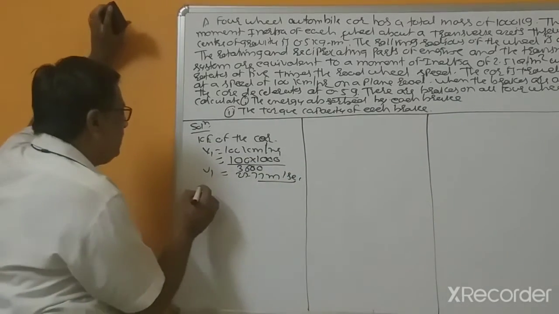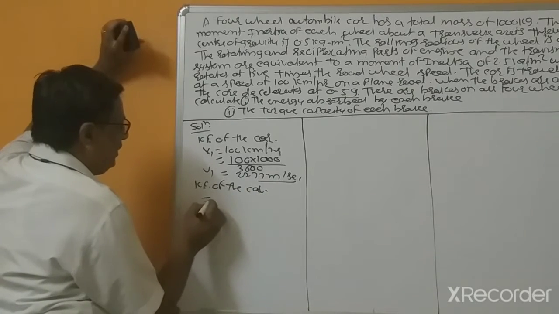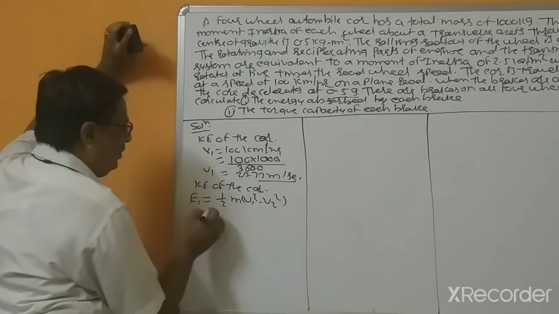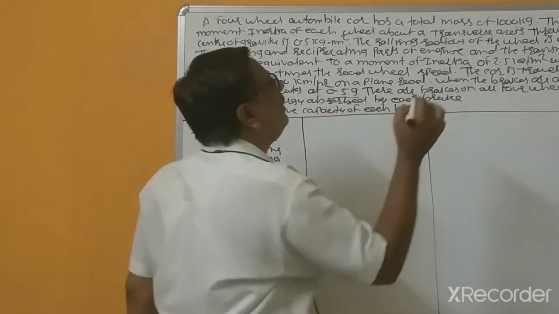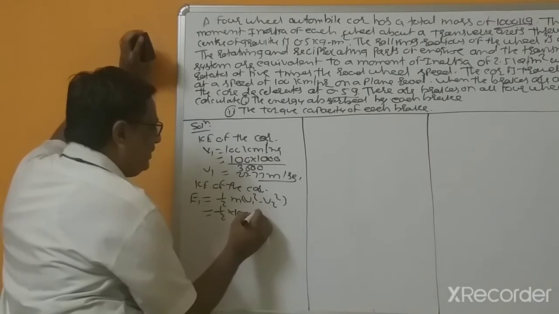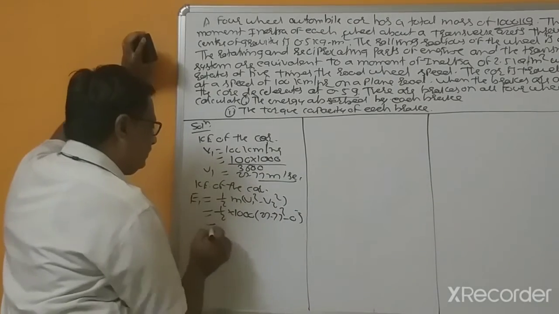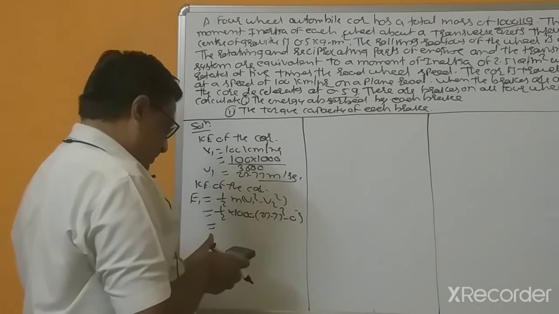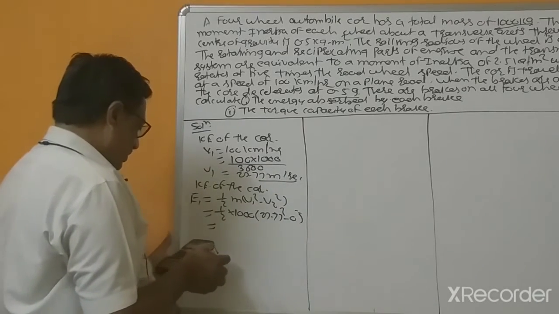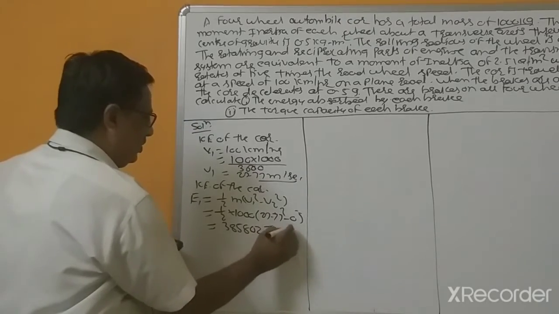The first energy is the kinetic energy of the car, which is equal to 1 by 2 m v1 square. The mass of the car given is 1000 kg, v1 equals 27.77, squared, multiplied by 0.5, so this is 385802 joule.